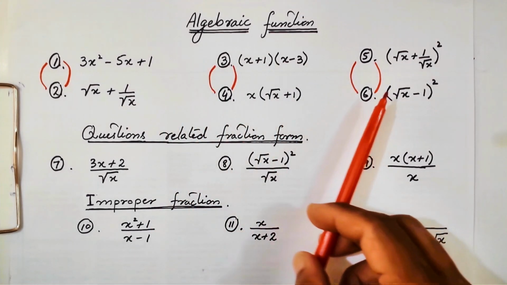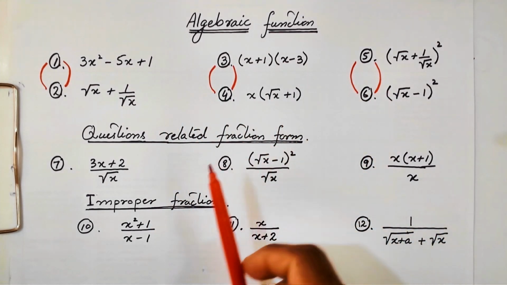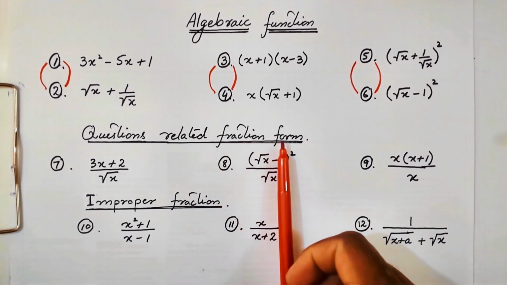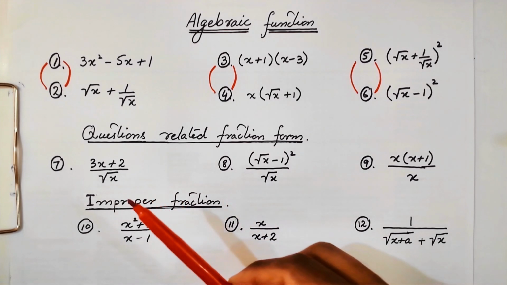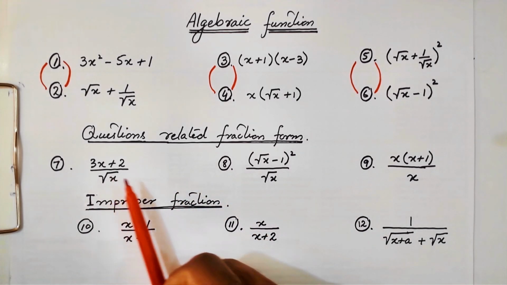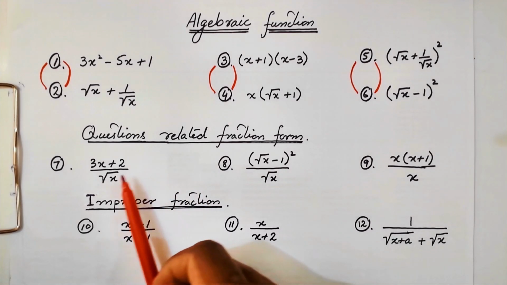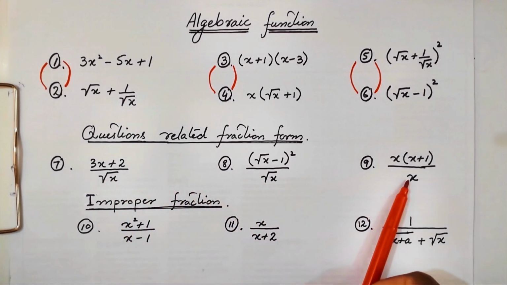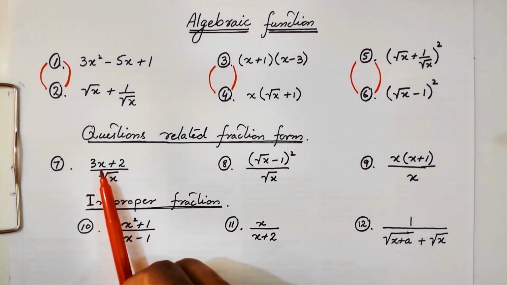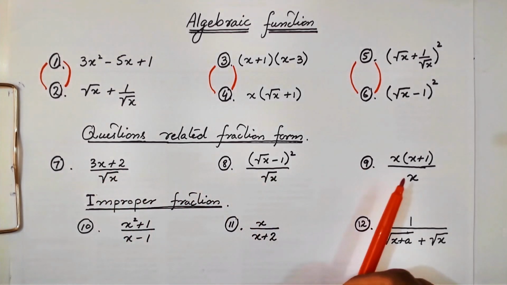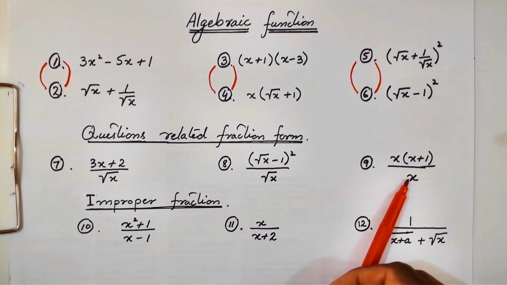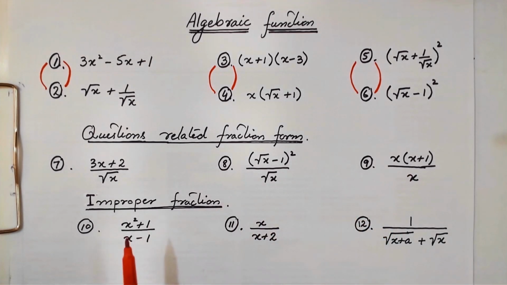After these 6 questions, we will move to questions related to fraction form. In fraction form, there are two types of fractions. One is the fraction whose denominator consists of a single term, as you are looking at questions 7, 8, 9. Then there are two types, improper and proper.